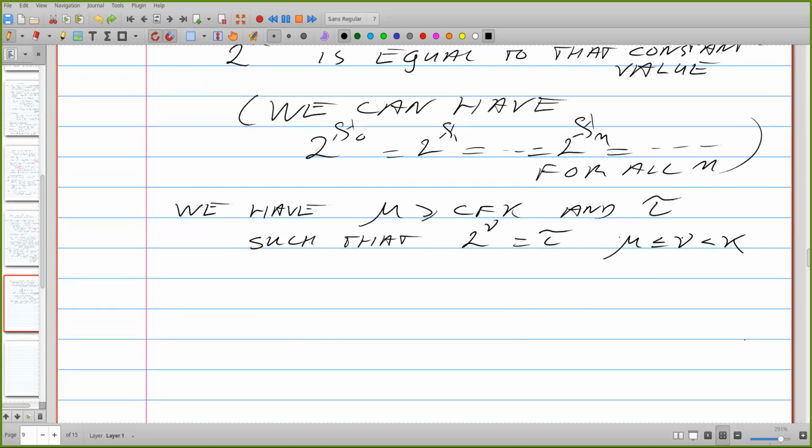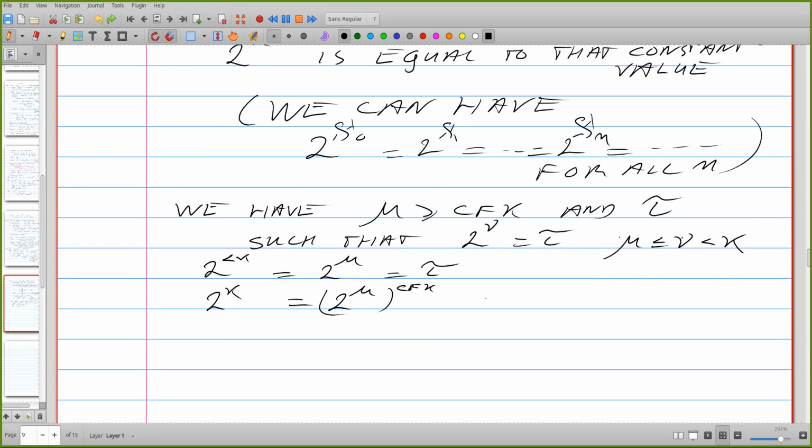And so what do we know? Well, 2 to the less than kappa is 2 to the mu, which is equal to tau, because it was the supremum of all those values, and once it's constant, we get that. And 2 to the kappa is now 2 to the mu to the power cofinality kappa.